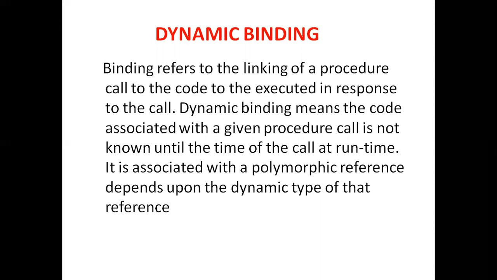For example, whenever you will compile your program, it is called static binding. Whenever you will run your program, that is called dynamic binding. Clear? Yes, clear, sir. If binding occurs at runtime, that is called dynamic binding. If binding occurs at compile time, that is called static binding or normal binding, you can say. Clear?